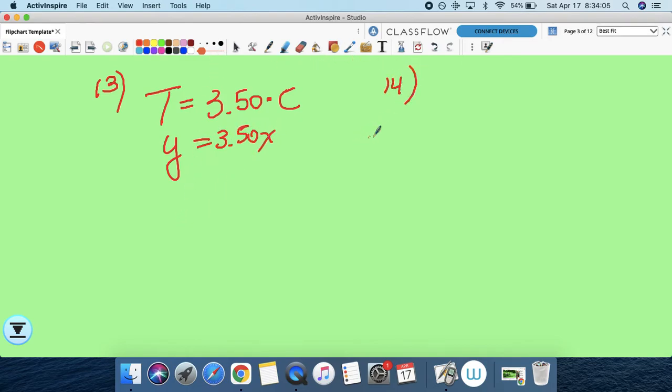14, how are the dependent and independent variable different from each other, right? So the independent variable is always changing, right? Independent variable changes, okay?